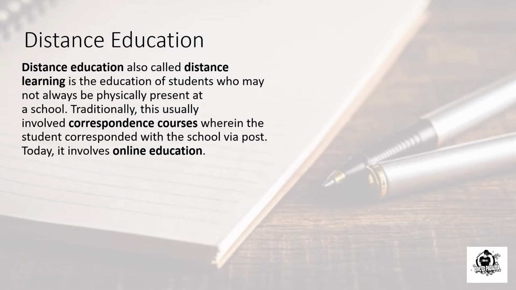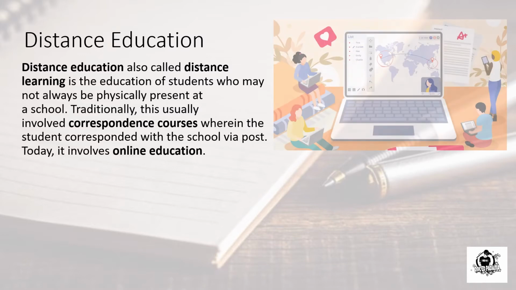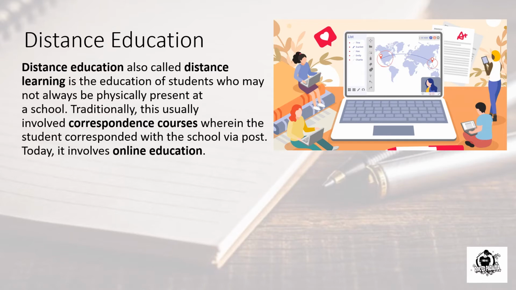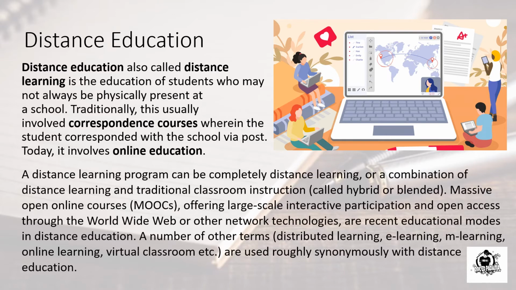Traditionally, this usually involved correspondence courses wherein the students corresponded with the school via post. Today, it involves online education. So again, the geographical location of the student and the teacher is the main element in distance education. But to help the learning process, technology comes into the strategy.